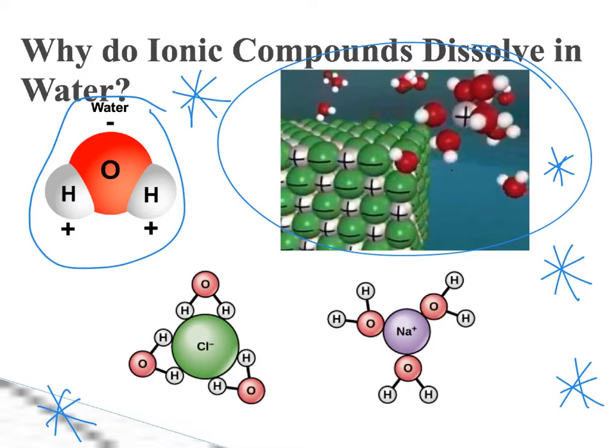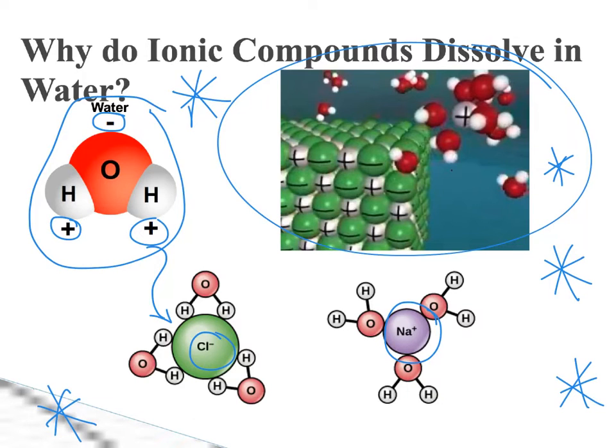We know that opposites attract one another, so that means that the negative end of water is going to immediately be attracted to anything that's positive in the ionic compound, such as the cation. The positive end of the water molecule is going to be attracted to anything that is negatively charged, such as the anion.